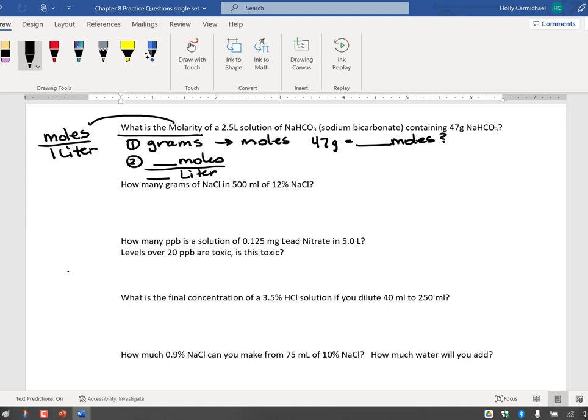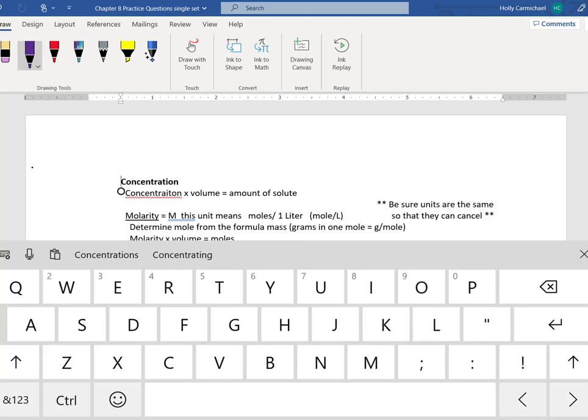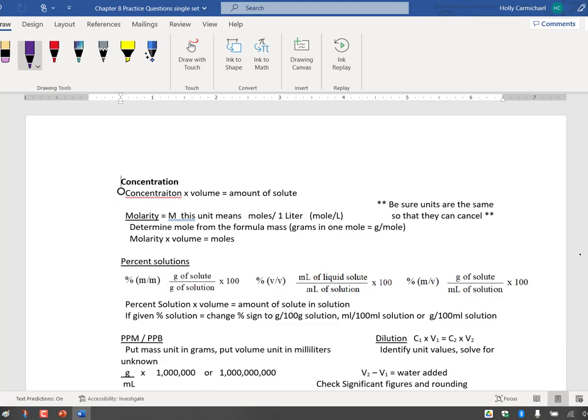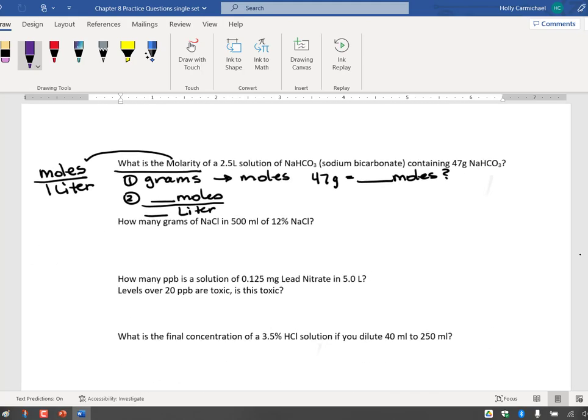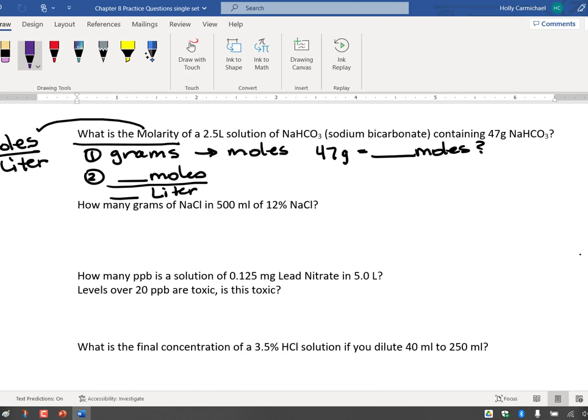How do I figure out how many grams in a mole? By the molar mass. So I have 47 grams of NaHCO3.